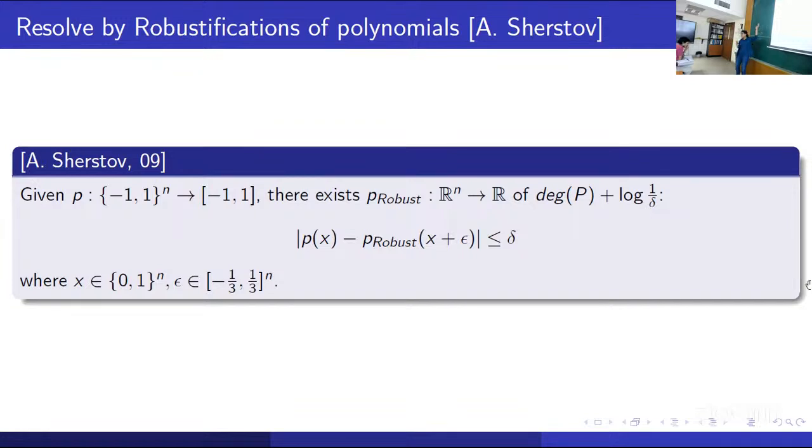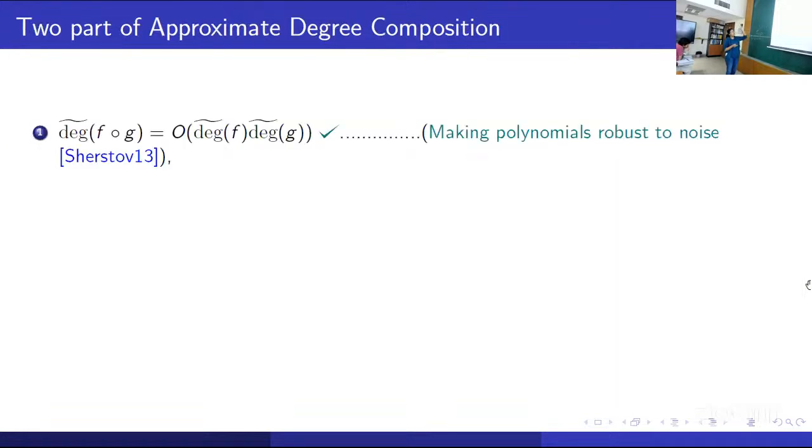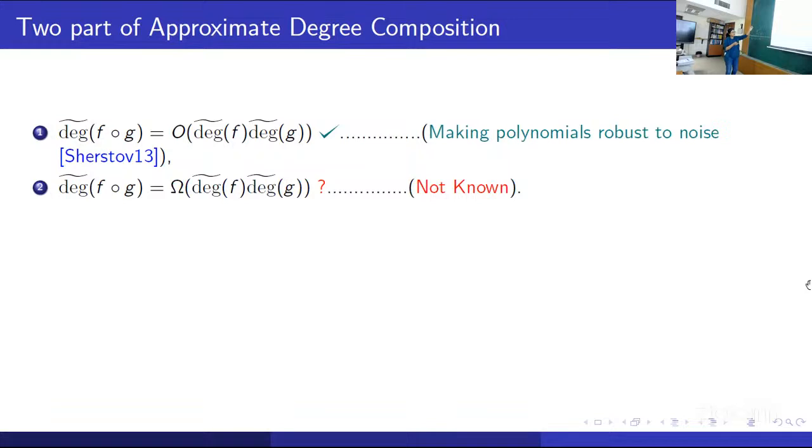So my robust polynomial is doing that for me, right? The error that I am inducing in the domain, it can handle that. Now with Sherstov's technique, the upper bound is done, because for the outer function you just make the robust polynomial and you compose. And the open problem is the lower bound that we want.